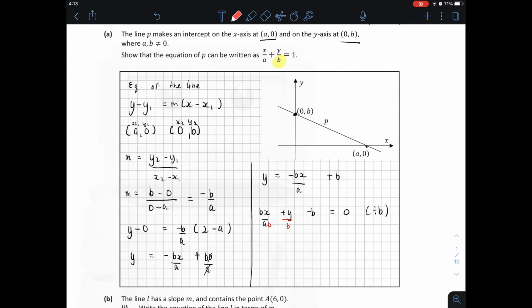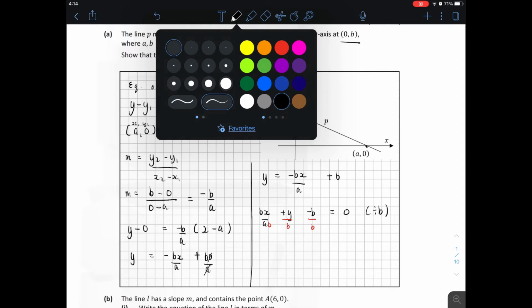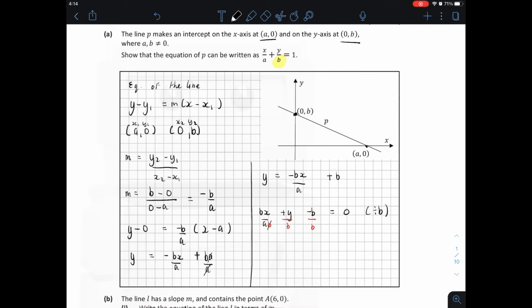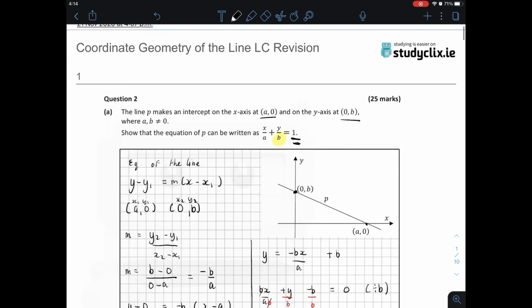This leaves me with bx over ab plus y over b minus b over b equals 0. Now we cancel like terms. The b's cancel in our first term, which gives me x over a plus y over b, and then minus b over b is minus 1. In our final step, I'm going to move the 1 to the other side of the equation so it's written in the correct form. That gives us x over a plus y over b equals 1.